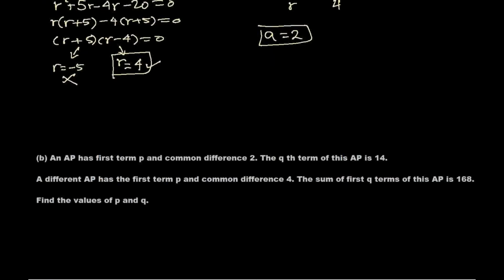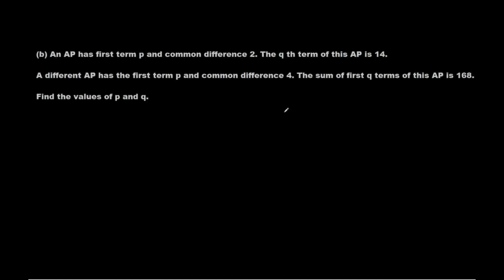What about B part? An AP has first term p and common difference 2. Okay, AP. So first term is p, common difference is 2. The qth term, a_q, equal to 14. So we should know the formula for the nth term of any AP, which is the first term a1 plus (n minus 1) d.